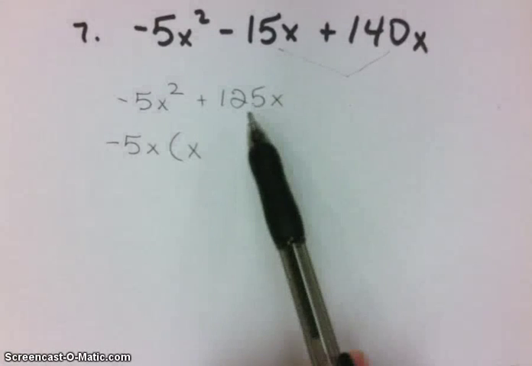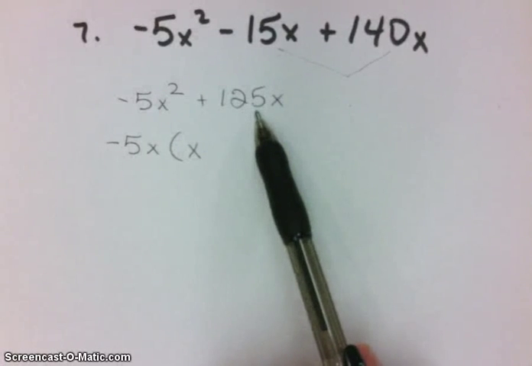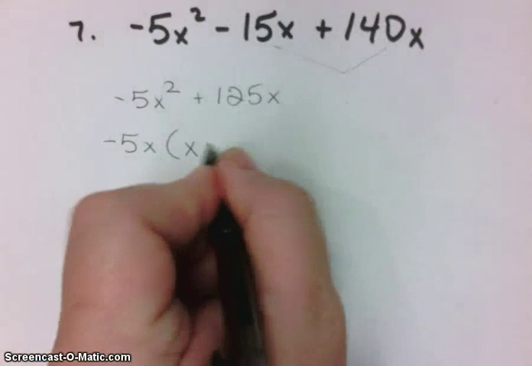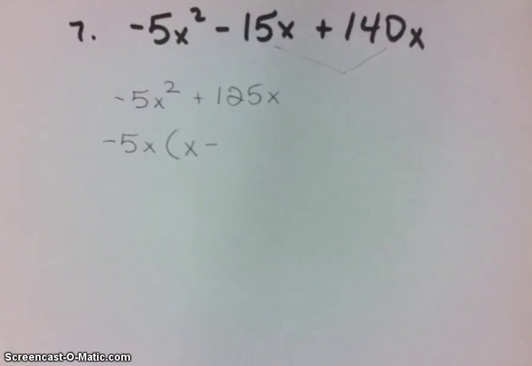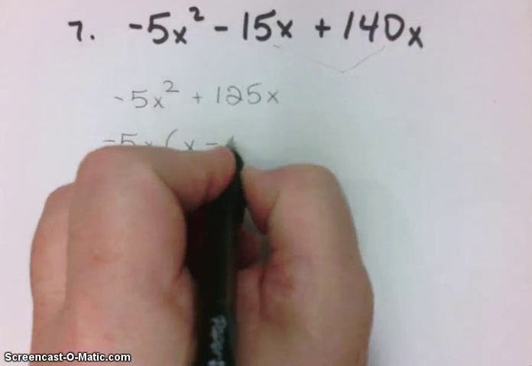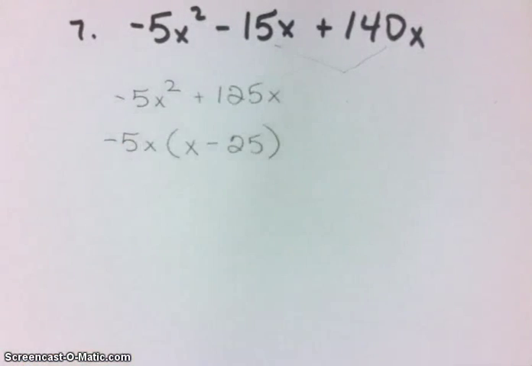Now, if I take a negative 5x out of this positive 125x, first of all, it's going to be negative, isn't it? There will be no x in the term. And 125 divided by 5 is 25. Sweet.